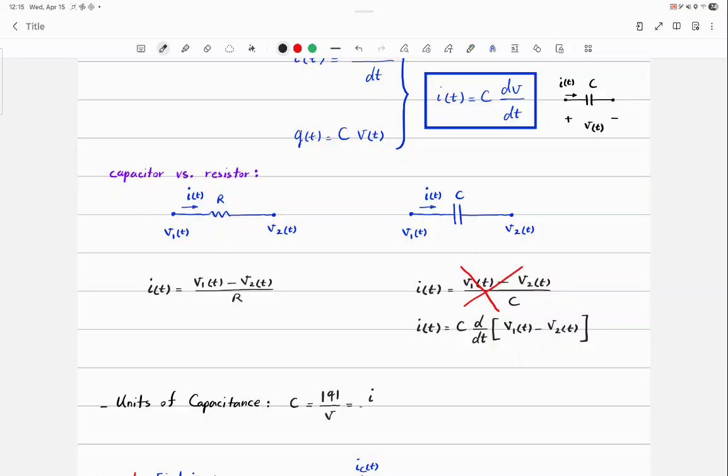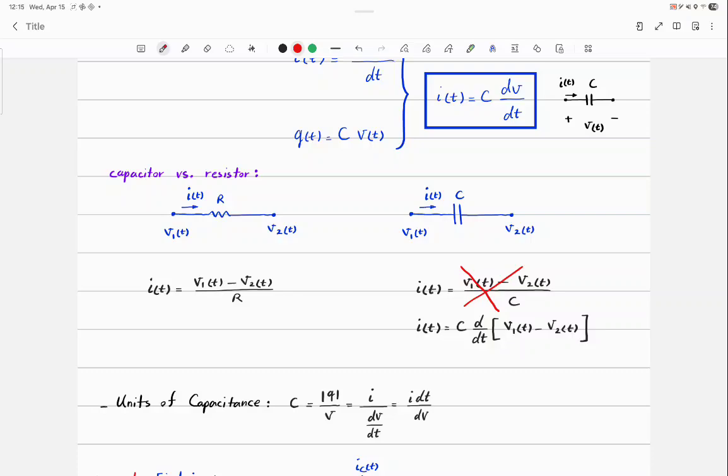I over dV over dt. And I can write this as I dt over dV. Do you agree with that?